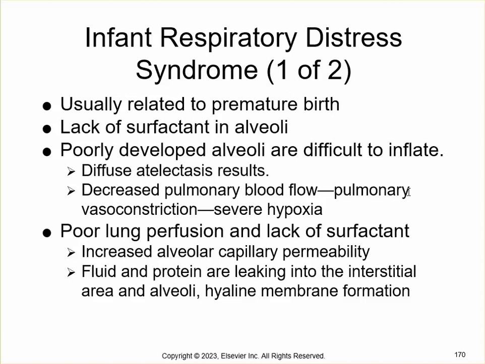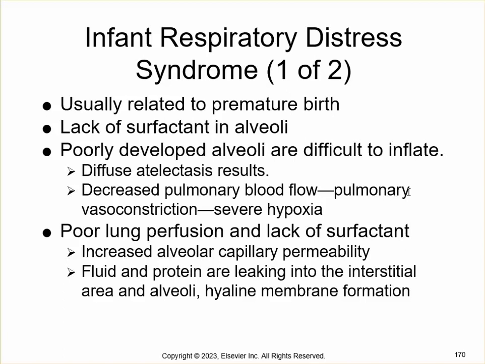If the baby's born 3 or 4 weeks premature, then the surfactant capabilities are probably not ready. So that means that there's too much surface tension, and it's very difficult. The compliance of that infant's lungs are way down and can cause atelectasis in different places, decreased pulmonary blood flow. So it leads to hypoxia.